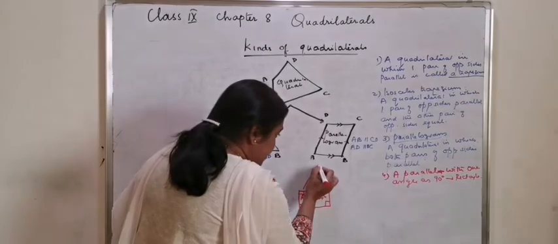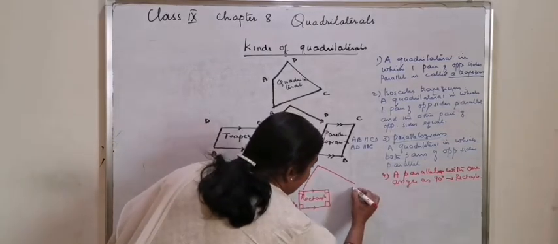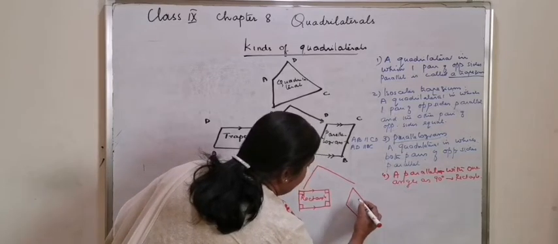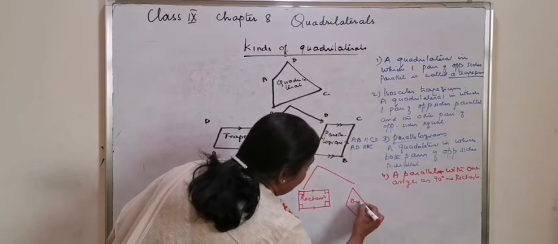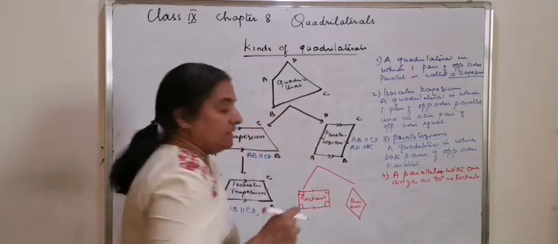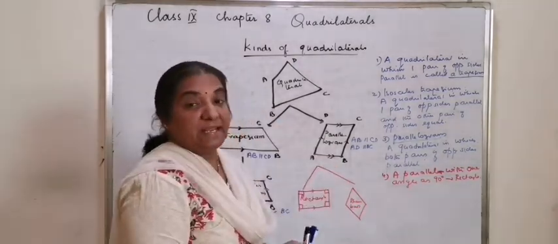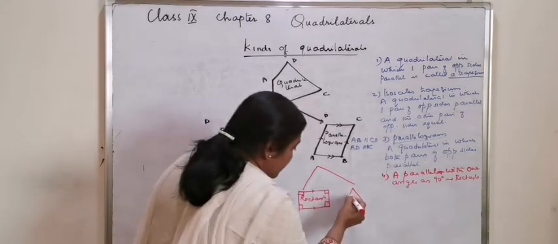And now the second is a parallelogram in which all sides are equal. A parallelogram in which all sides are equal is named as a rhombus.